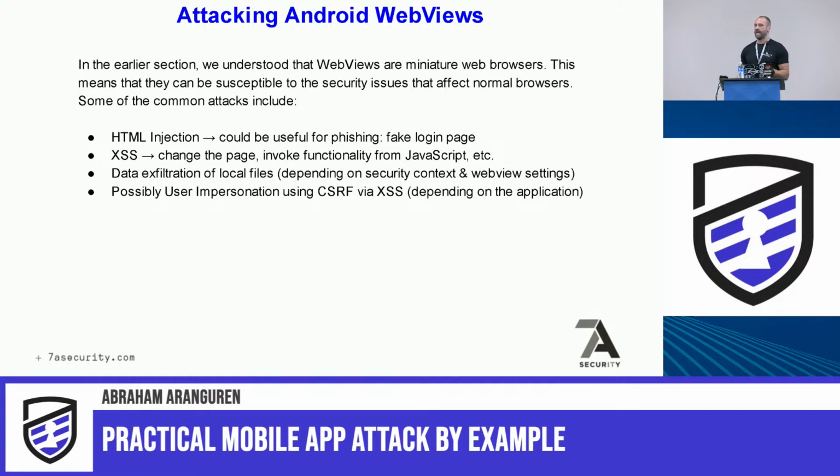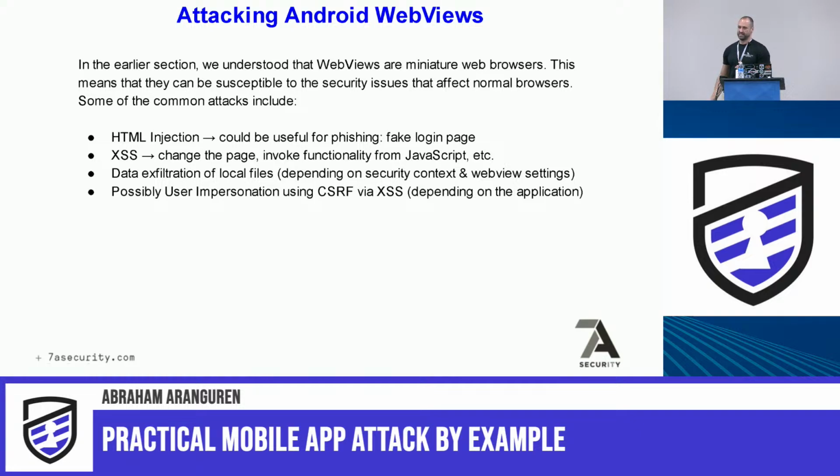So even if you only have HTML injection, if it is good enough for you to alter the entire page, and the URL is not shown, then this could be catastrophic. Because you can basically spoof the page and have a fake login form that looks exactly like the original mobile app login form, but is going to send the credentials to the attacker-controlled server.